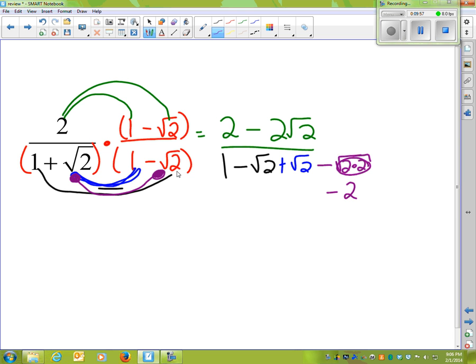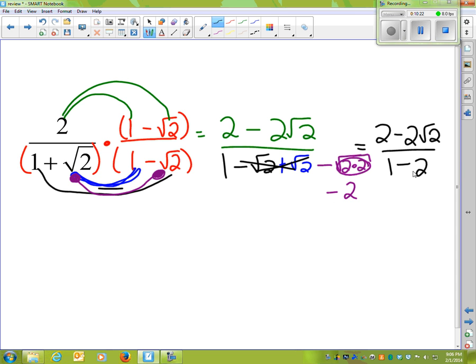So let's write this a little bit nicer. Here's my numerator, 2 minus 2 radical 2. In my denominator, I have the 1. The two middle terms, it's a negative radical 2 and a positive, so they cancel, leaving me with minus 2.